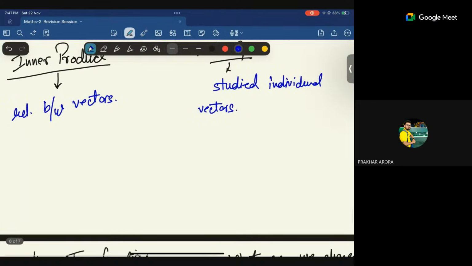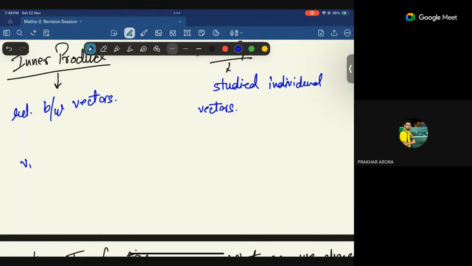Now there are some rules to check. Before coming to that, how do you define an inner product? You have two vectors, this is vector 1, this is vector 2. This is just a way of writing vectors, nothing else.